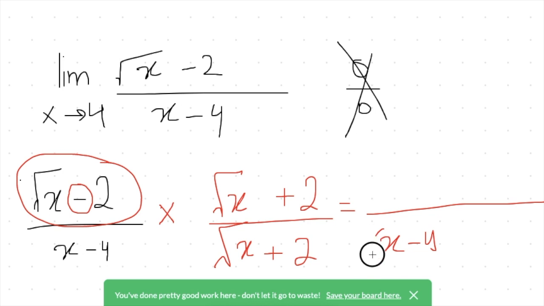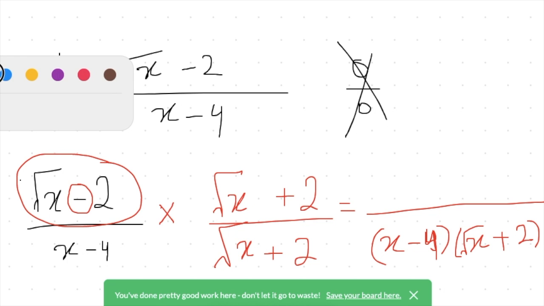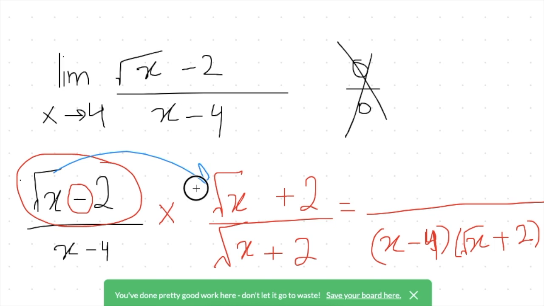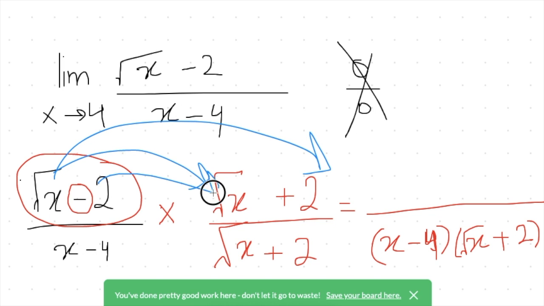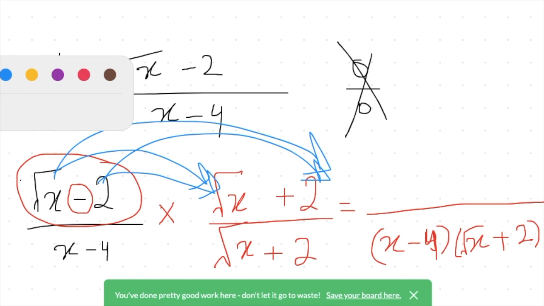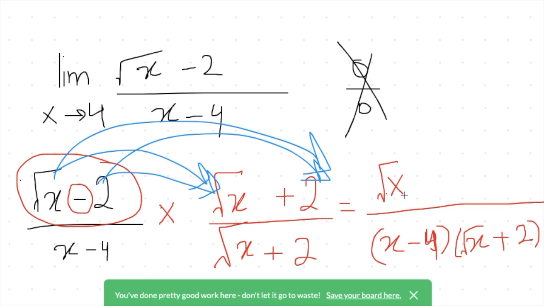So now let's multiply through on the top and the bottom. On the bottom, we just multiply through x minus 4 times square root of x plus 2. On the top, we will have to be distributing. On the top, we will have to distribute this times this, and this times this. And we will end up getting some terms canceling out, but I will just put them all here.